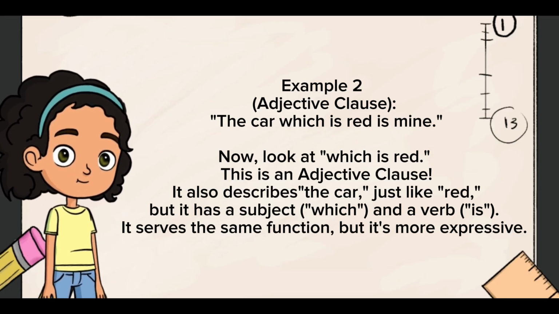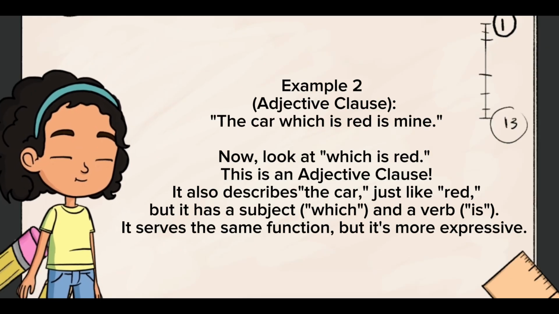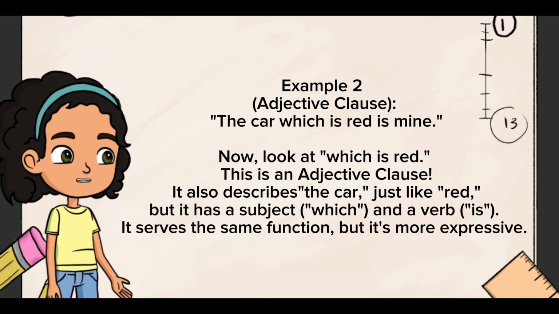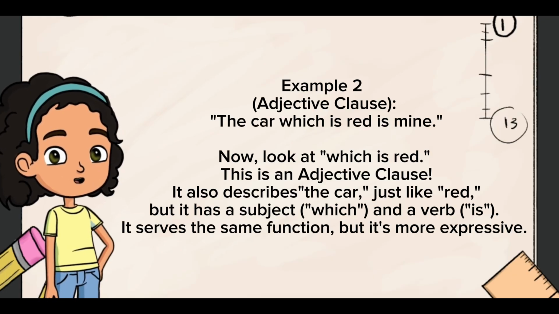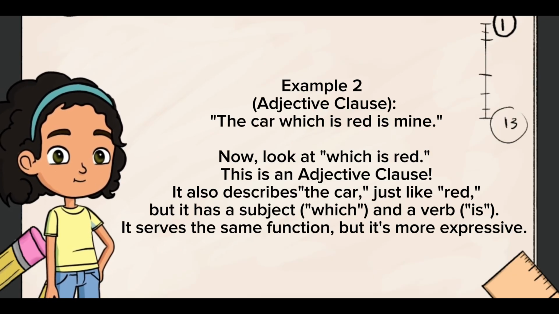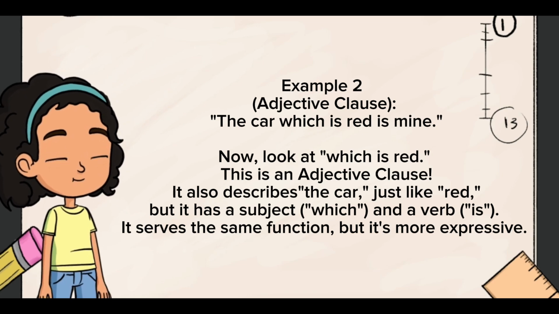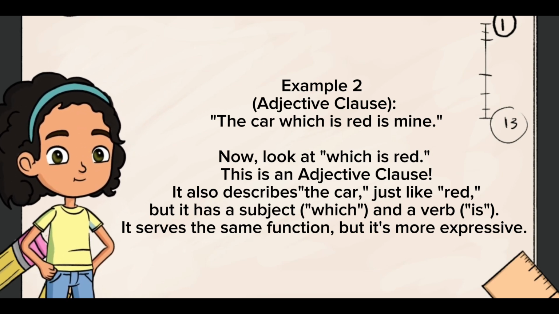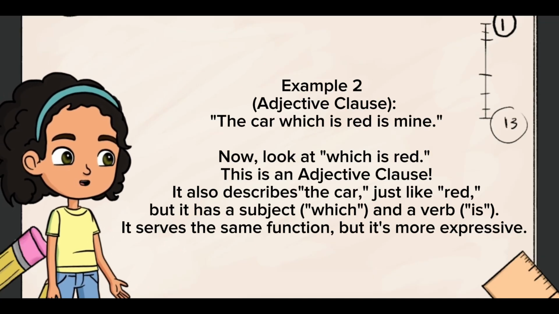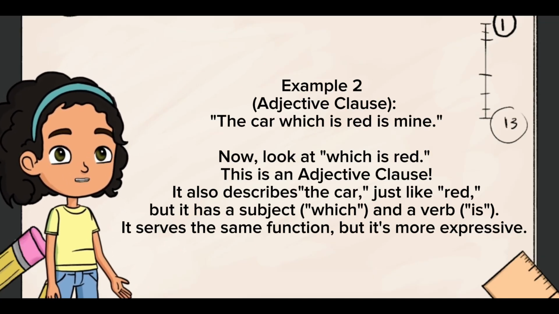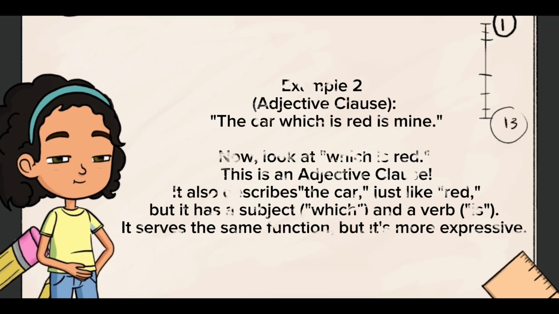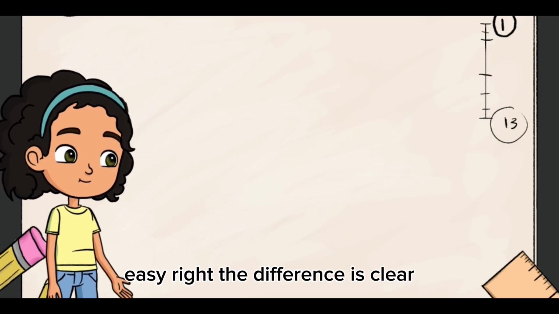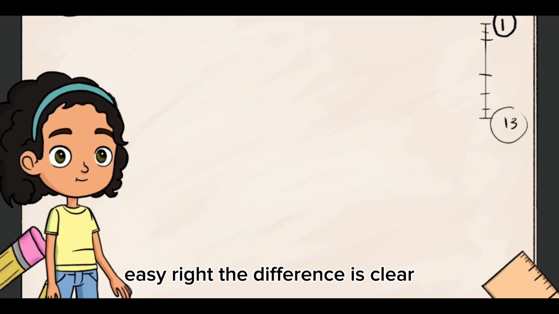Now, look at "which is red." This is an adjective clause. It also describes the car just like red, but it has a subject, which, and a verb, is. It serves the same function, but it's more expressive. Easy, right? The difference is clear.